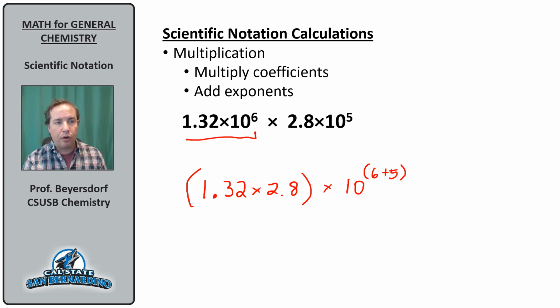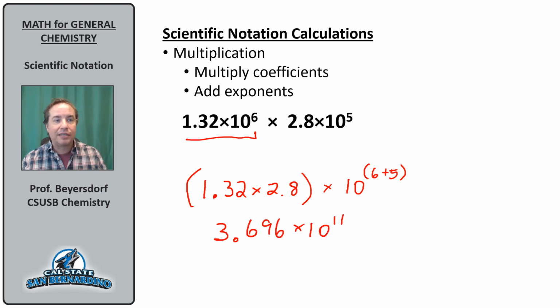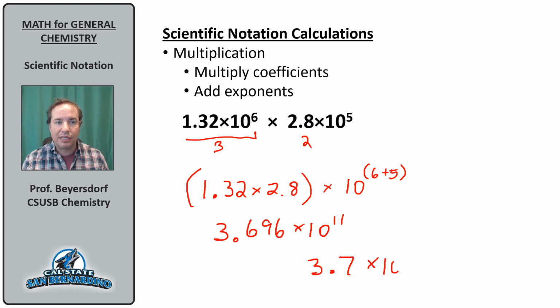So 1.32 times 2.8 gets me 3.696 times 10 to the 11th. Notice this has 3 sig figs, this has 2 sig figs, so I need to round it, so it's 3.7 times 10 to the 11th.